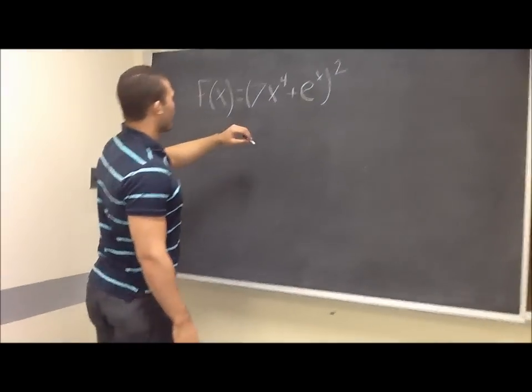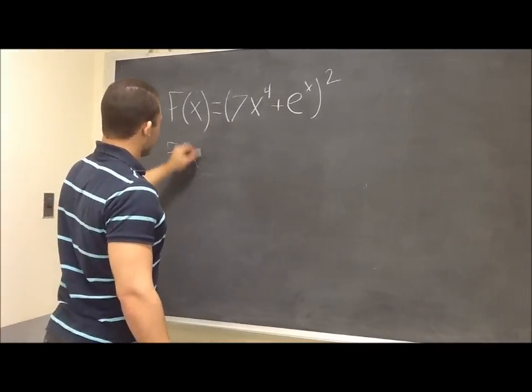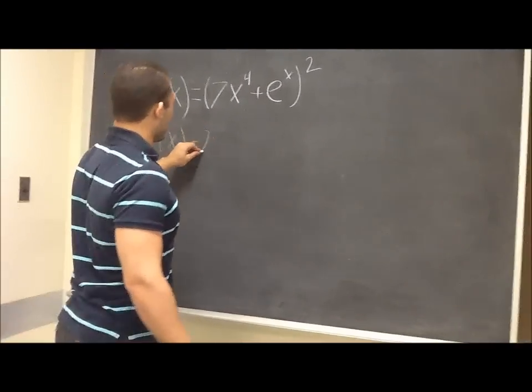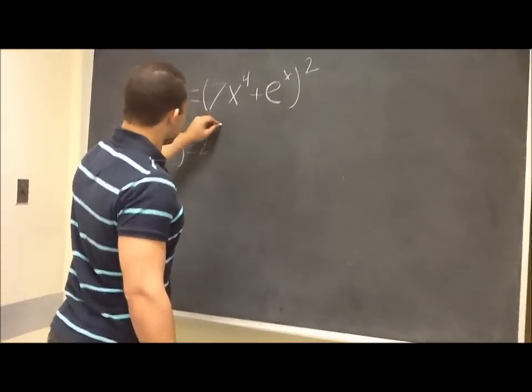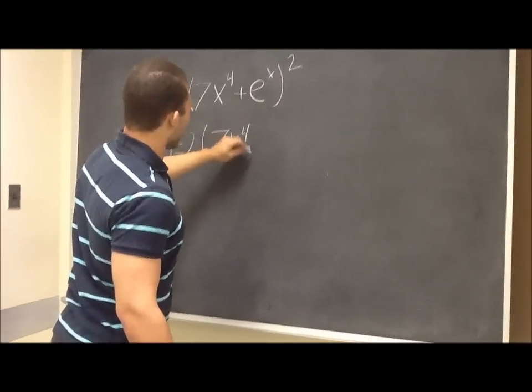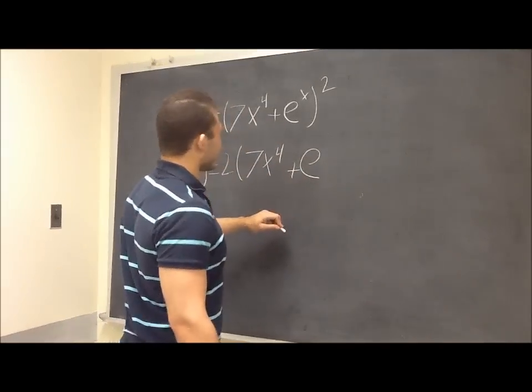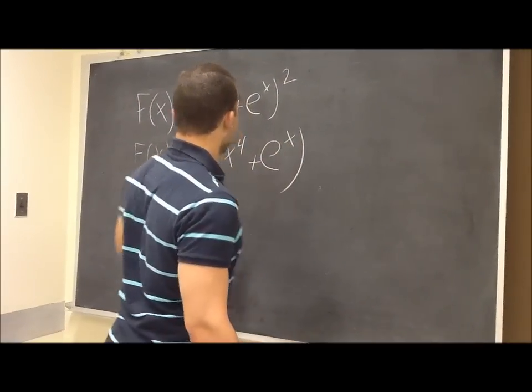So, first we're going to go, I hate chalkboards. It'll be 2 to the 7x to the 4 plus, yes, I got it, to the x.